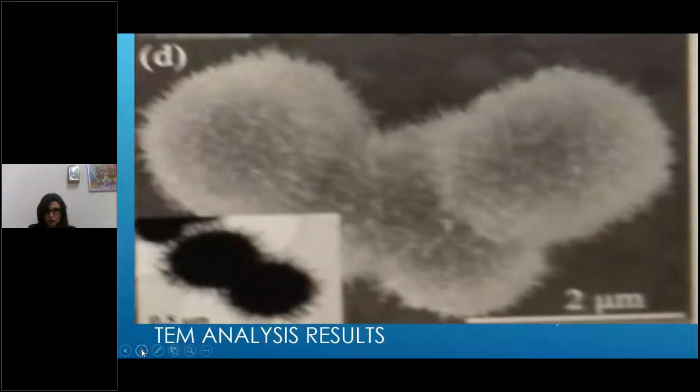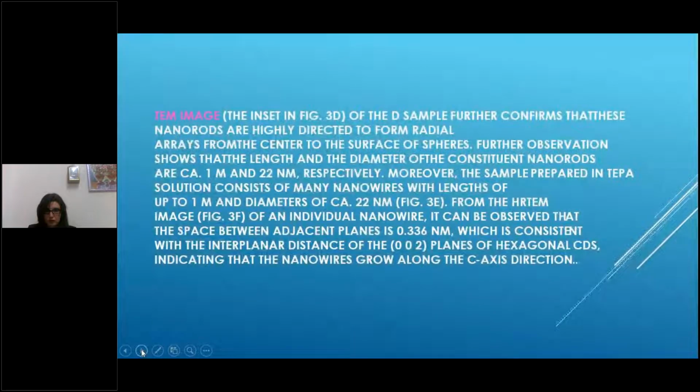TEM analysis results: the TEM image of the sample confirms that these nanorods are highly oriented to form radial arrays from the center to the surface of the spheres. Further observation shows that the length and the diameter of the constituent nanorods are about 1 nanometer and 22 nanometers respectively.